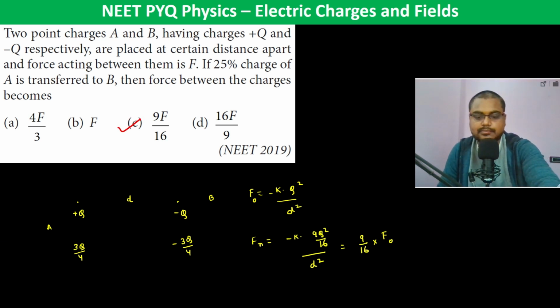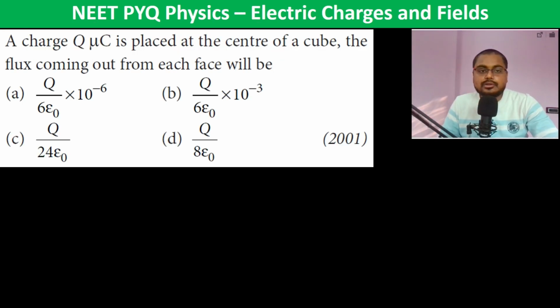A charge q microcoulomb is placed at the center of a cube. The flux coming out from each face will be? Because all the faces are symmetrical for the charge, no face is going to be special. All the faces are equal for the charge.